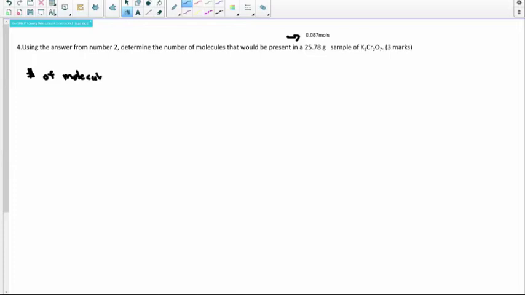I'm going to say number of molecules of K2Cr2O7, getting messy here with this, is equal to 0.087 moles, okay, times 6.02 times 10 to the 23rd power.